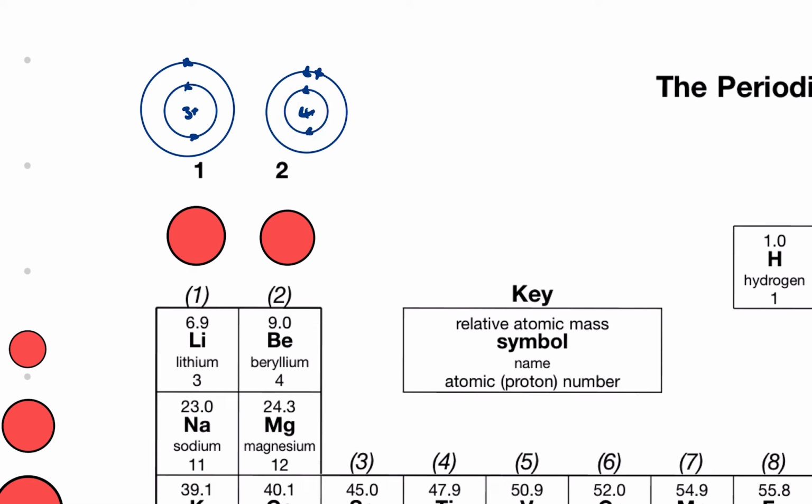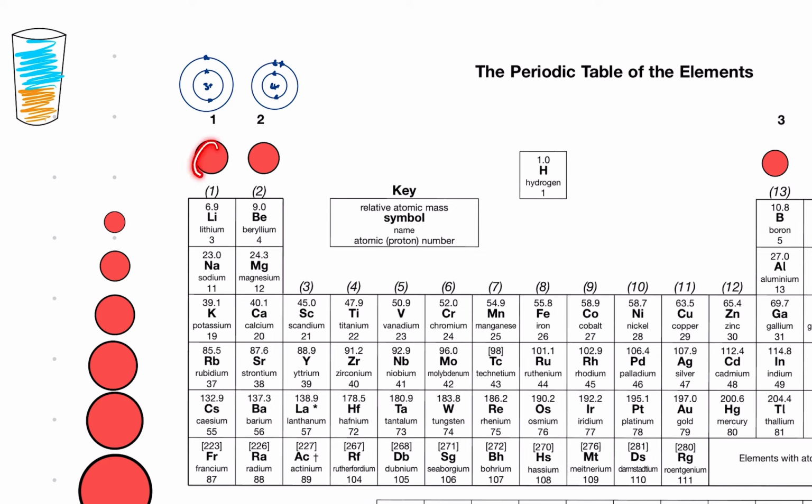We'll talk about electron shielding a bit more later on. But what that means is that the outermost electron shell is drawn in a little bit closer. So as we move across the period, the size of the atom or the ion gets slightly smaller, okay?